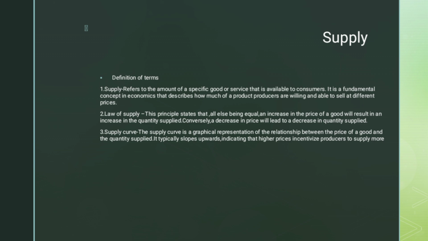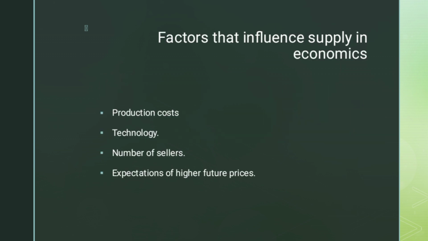Next, we are going to look at the factors that influence supply in economics. We have around 4 points. The first point is the cost of production, whereby increased production cost can reduce supply as it makes it less profitable for producers to produce goods. The next point is technology, whereby advances in technology can increase supply by making production more efficient.